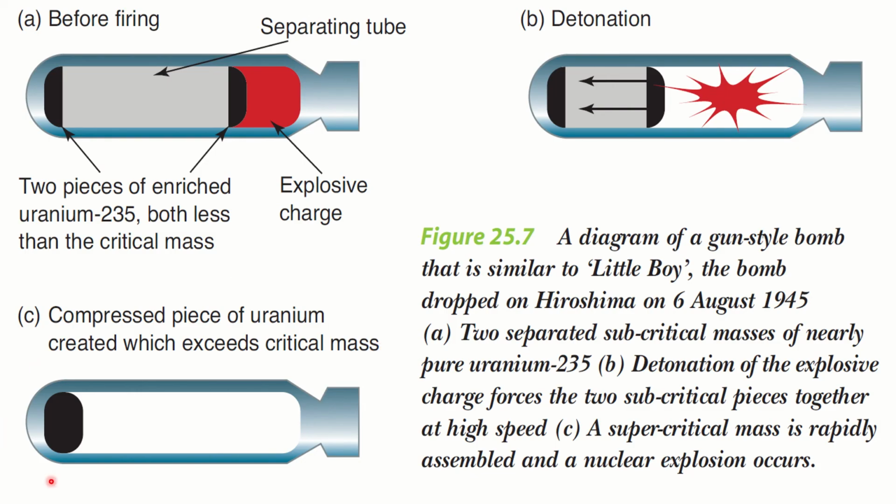So if we have a look here, I might do some annotations. Here below the critical mass, at this point here, this point and this point here, a chain nuclear reaction cannot be achieved. That's the idea.